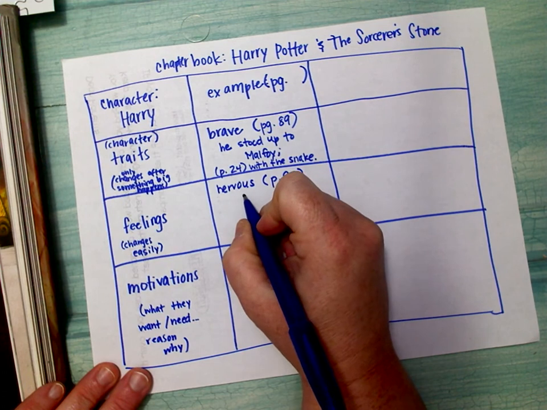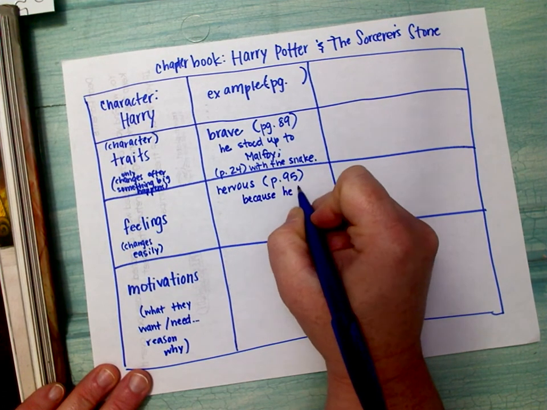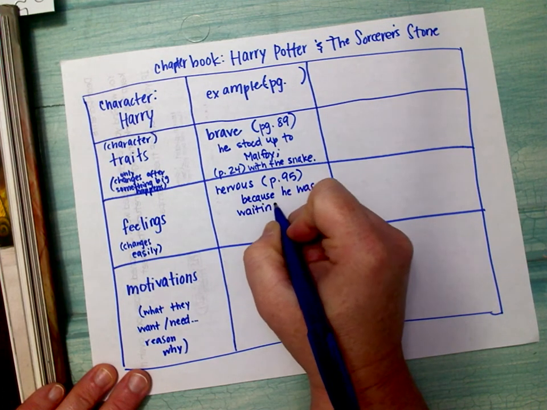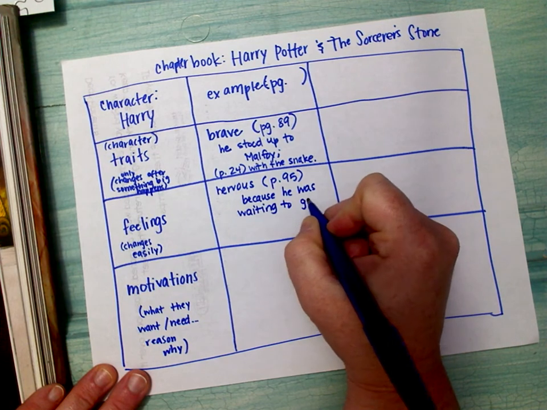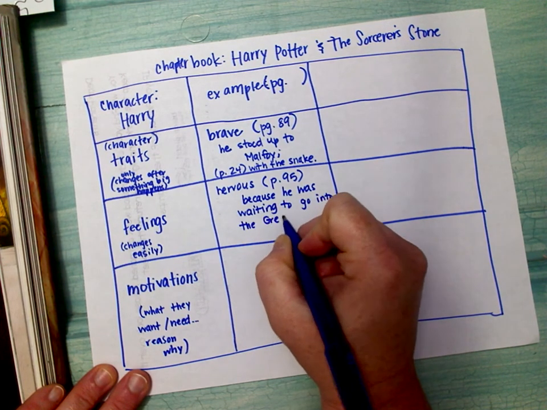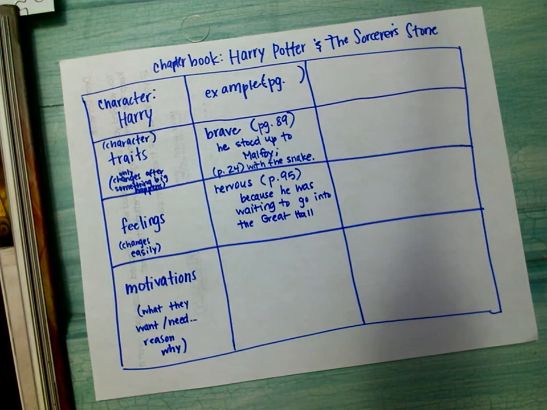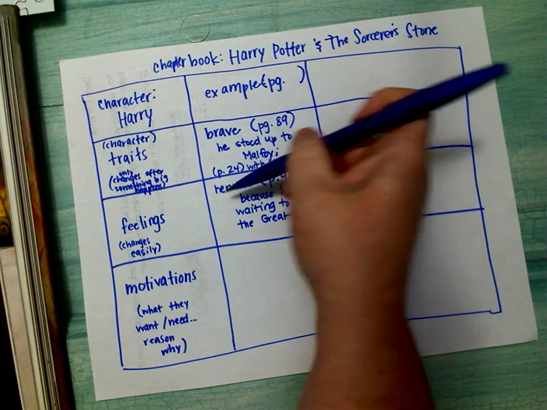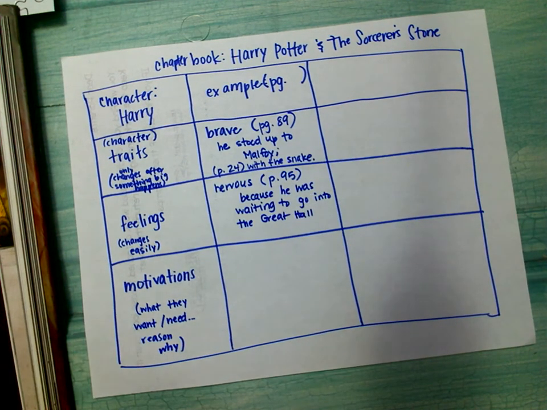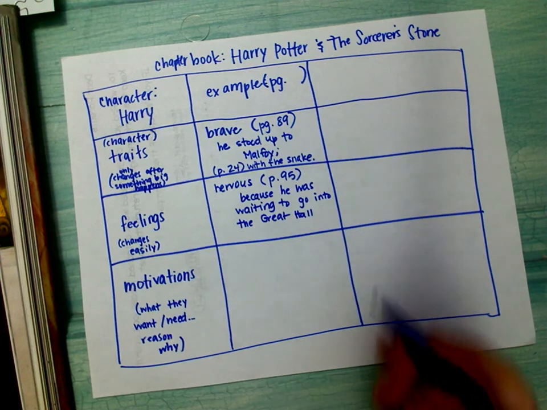He felt nervous because he was waiting to go into the Great Hall. Yeah, if you've read this book, you know exactly what part I'm talking about. Right when he first gets to Hogwarts. Okay, so again, I wrote a feeling he had, and then I wrote why he felt that way.